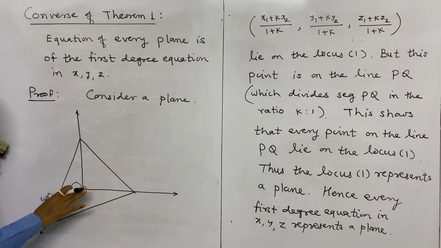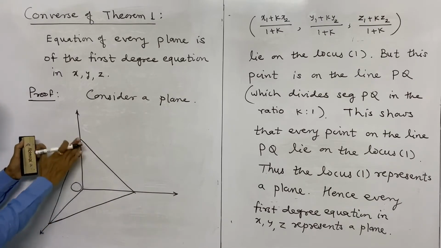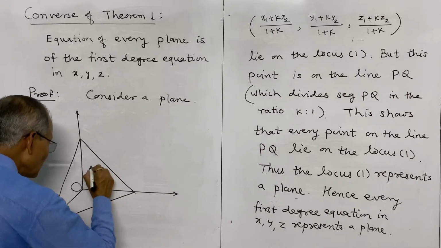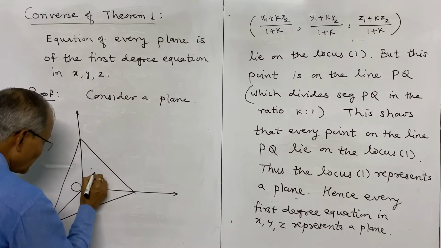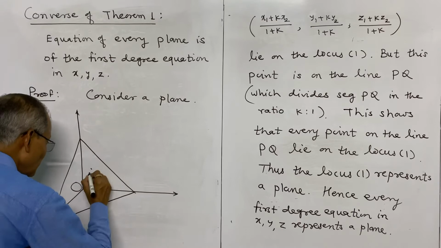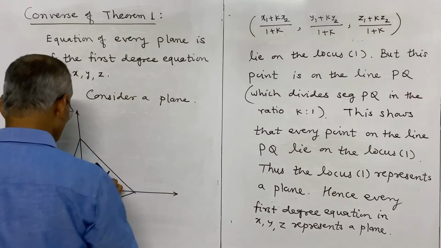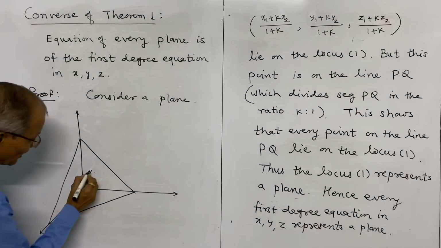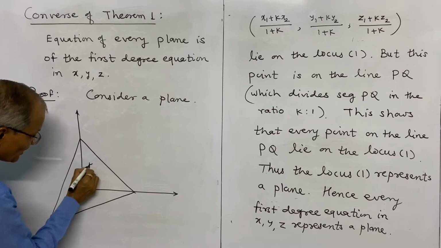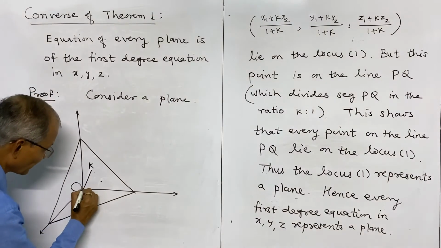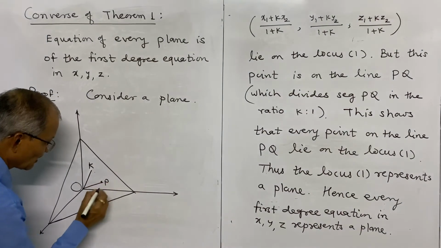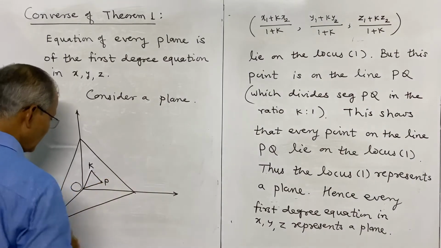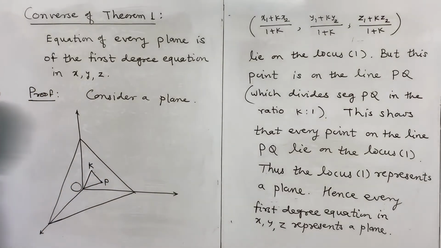You have to imagine it is three-dimensional, and it is a plane sheet kept like this. Then we will draw a perpendicular from the origin to this plane. Say OK is perpendicular to the plane, and suppose this point is K, and suppose P is any point on the plane. We will join KP or PK. So this is the case we have considered.